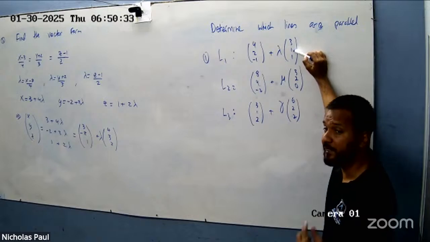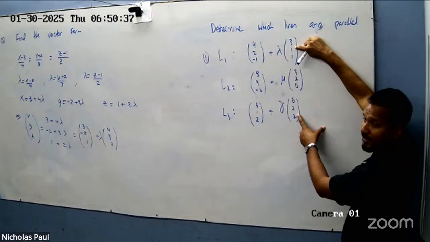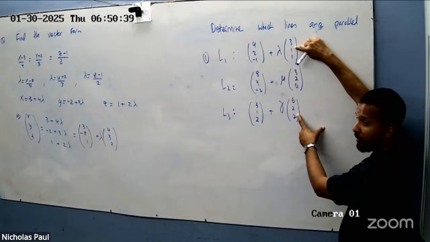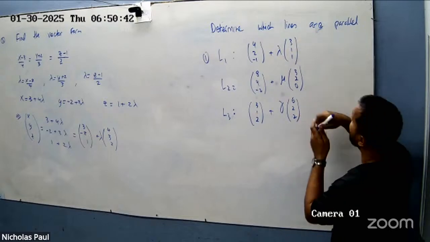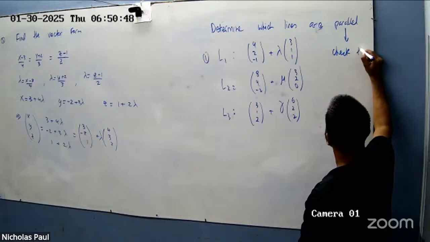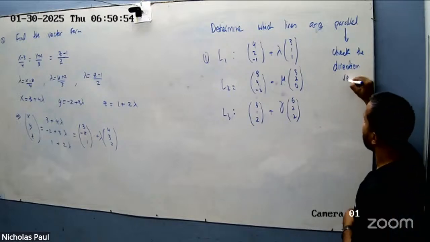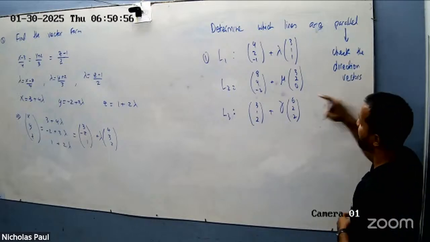So to determine if lines are parallel, check the direction vectors, not the points.